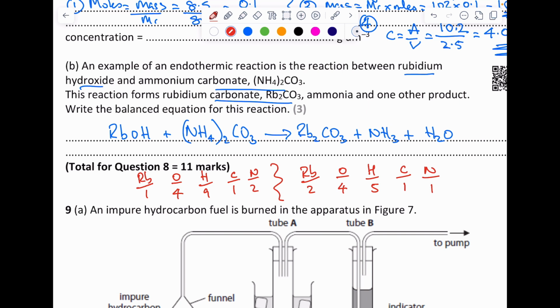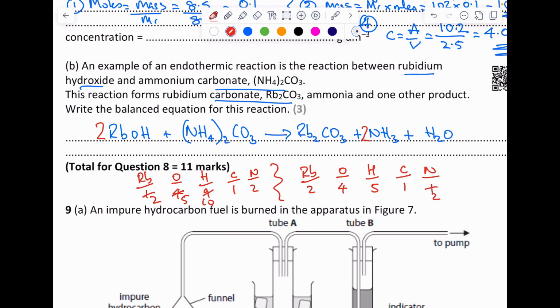So first job is let's get the rubidiums to balance. If I put a big 2 in front of here, I'm going to get 2 rubidiums, which is fine. I then got 3, 4, 5 oxygens, and I'm going to get 8, 9, 10 hydrogens. So can I make this side balance? Let's get the nitrogens to work first. So I need 2 nitrogens there. So my nitrogens are okay.